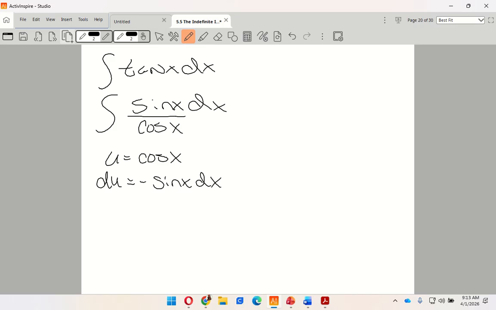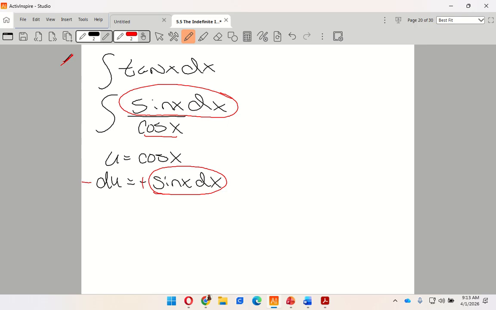Now, remember, we're supposed to be replacing. So I'm going to look carefully at what it is I have and what I'm going to replace. So right here, I have to replace this. Okay. Yeah, hold on. Because cosine is just going to be u. So this goes away. All that's circled is going to go away with this. So now I'm replacing sine x dx with a negative du.